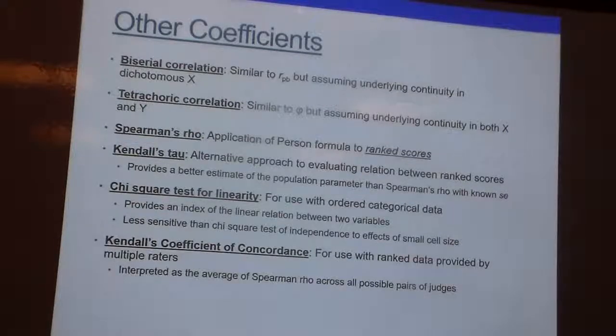Okay? Spearman rho, this is taking a Pearson correlation and applying this to rank scores. Okay, and this starts to become important, really forces you to start thinking about how we're actually measuring variables, right? Someone give me an example of a ranked score.